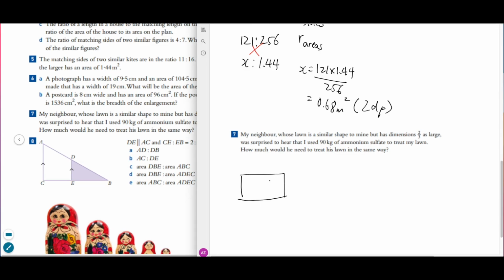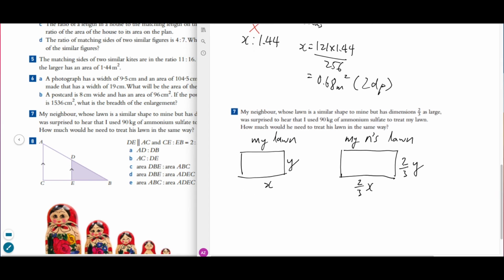So say this is my lawn and this is my neighbor's lawn. Then just assume my dimensions are x by y, right? And his dimensions are 2/3 as large. So let's just say 2/3 x by 2/3 y.